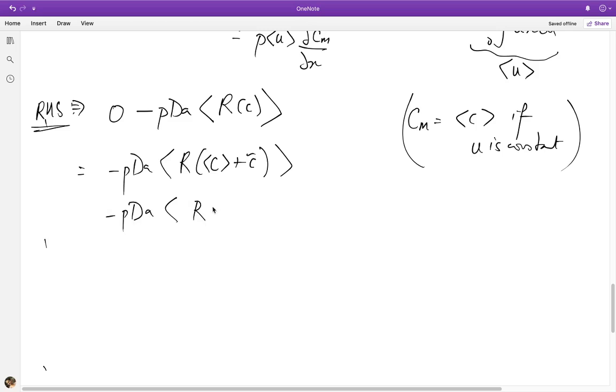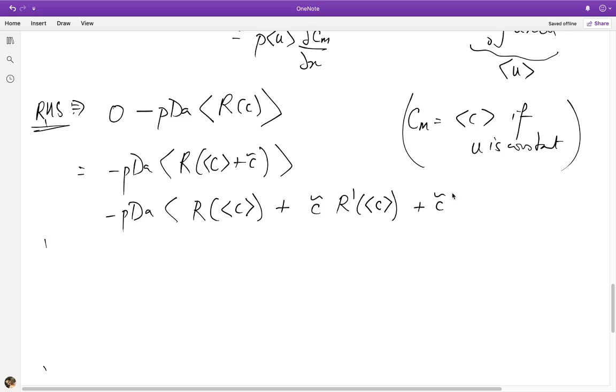And I'm then going to use a Taylor series expansion here. Right, so this is R acting on the cross section average. So this is actually now independent of r, so I could take it out eventually from the averaging operator, or the average of a constant is just a constant. So this is the first term. Then I have the next term of the Taylor series, which is just C tilde R prime, so dR by d of the argument, but evaluated at C average, because I'm applying the Taylor series about C average.